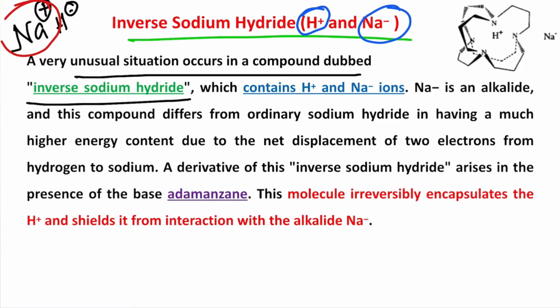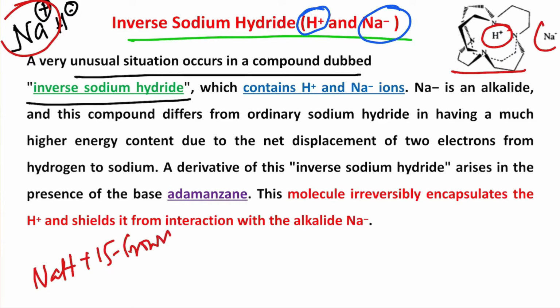So consequently, the overall system, hydrogen plus sodium minus with this organic moiety, has relatively more energy compared to simple sodium hydride, or you can say sodium hydride plus 15-crown-5 if you take. So this is more stable. And this is less stable because the sodium is carrying the negative charge.